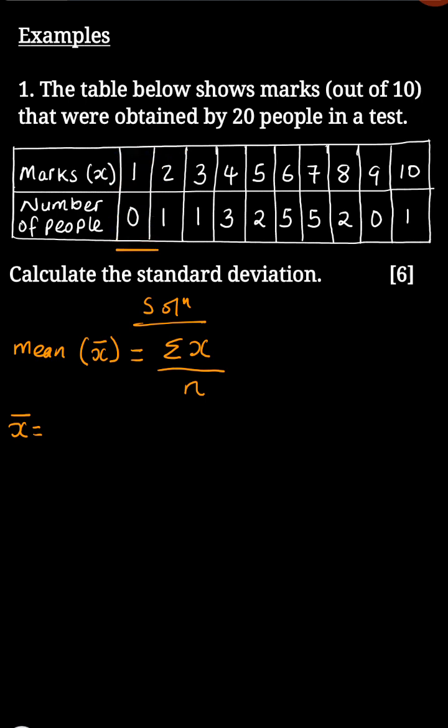This is column number 1, column number 2, column number 3, column number 4, 5, 6, 7, all the way up to 10. Our table in this case has got 10 columns. So for you to calculate the mean, go column by column from bottom to the top. Always start from the bottom number to the top.